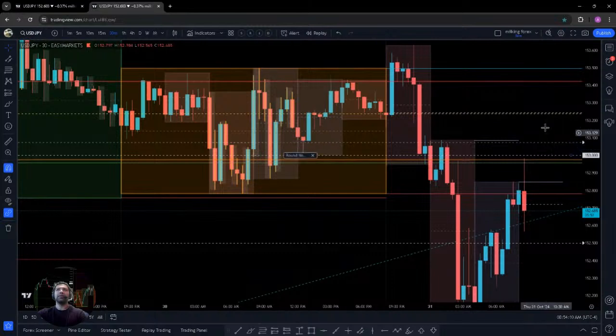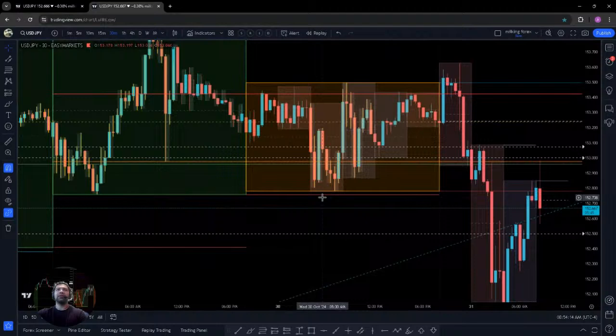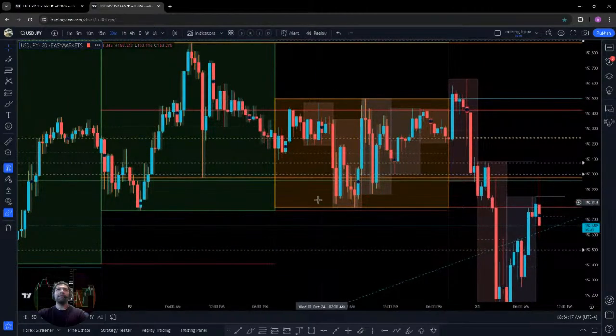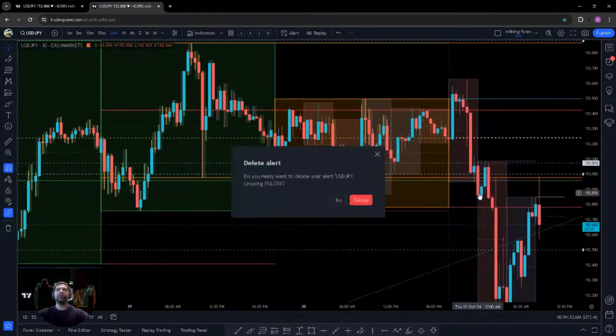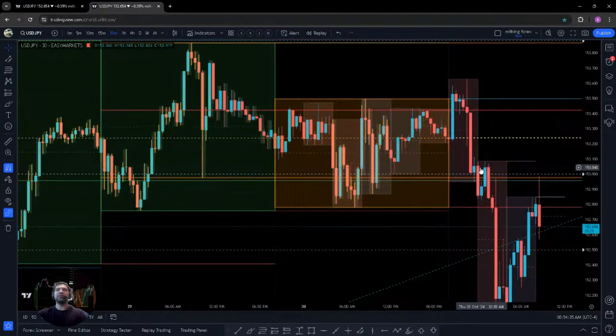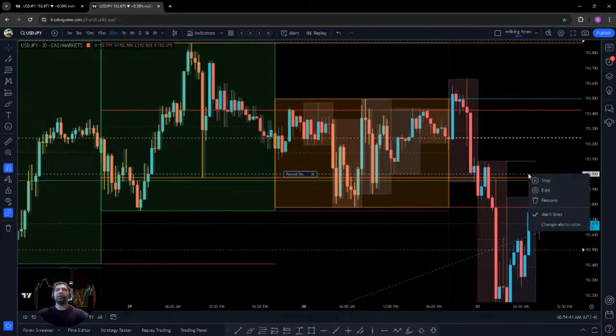Now this is 153, and this would have been a low point somewhere. So it was made yesterday. Price even bounced off this point, and price even took the 153 level, right?